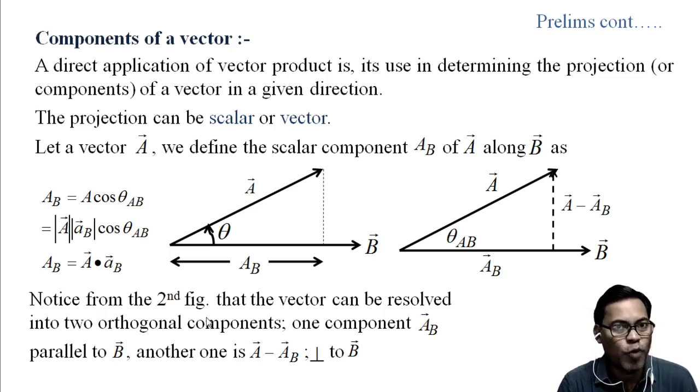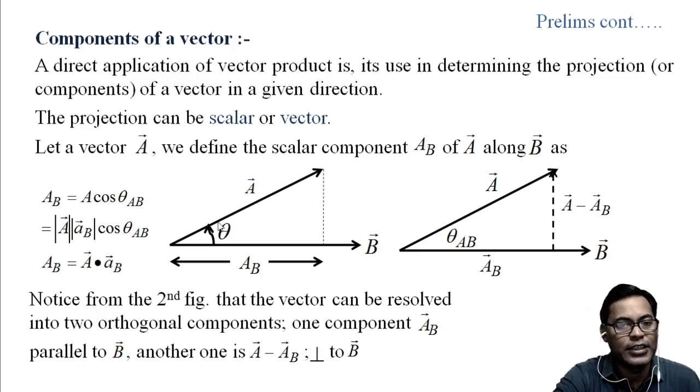But to understand the component of a vector, we are going to consider here the two-dimensional coordinate system. Here the vector A is represented, and the component of A along the vector B is the scalar component, and the projection or component of vector A can be scalar or vector.